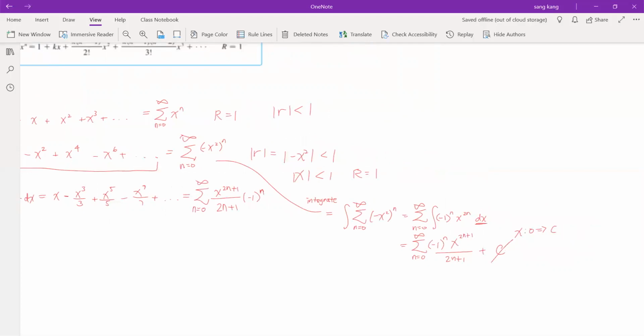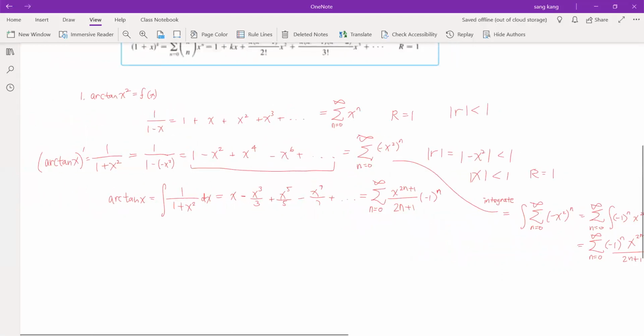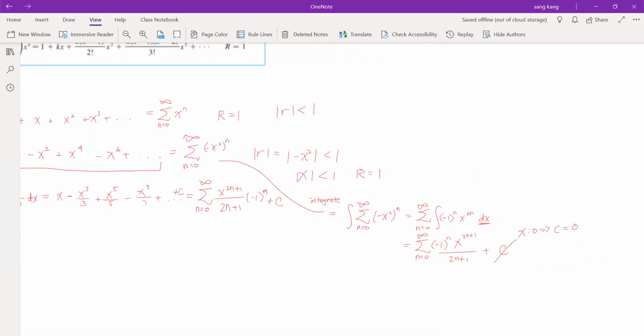Arctan of 0 is 0. So c would also equal 0, right? Actually, when I integrated this, I should have a plus c here. I forgot to add it, but there should be a plus c there as well, right? And actually here as well. So c is 0 when we solve for that.